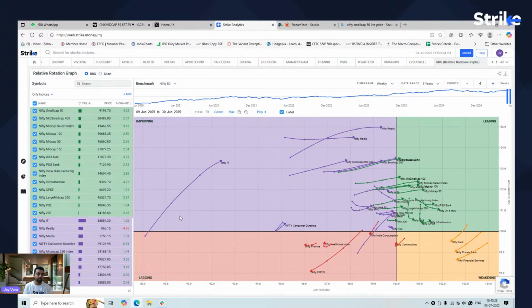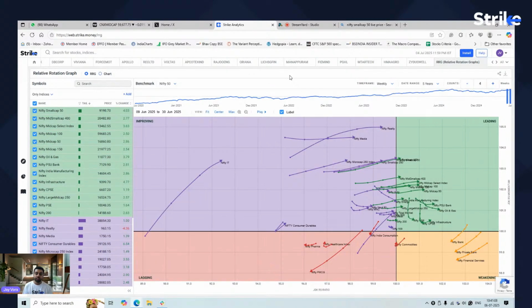This is very important to understand, because it can so happen that when the markets are falling, something goes into leading and you buy in the expectation that it is going to make you money, but the trend of the Nifty index is still down. Then in absolute terms, there is a high chance that you might end up losing money, because Nifty might still go down, but the ones that you have bought, which were in leading, might fall less. So this is an important clarification which people must understand while using RRG.